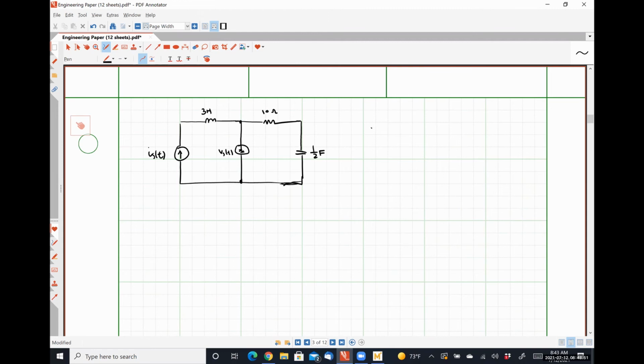Let's say that IS of t is 1 cosine 2t plus 10 degrees. And let's say that Vs of t is 12 sine 3t plus 30 degrees.